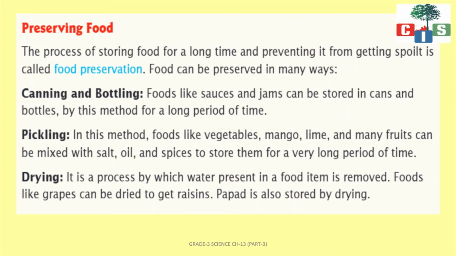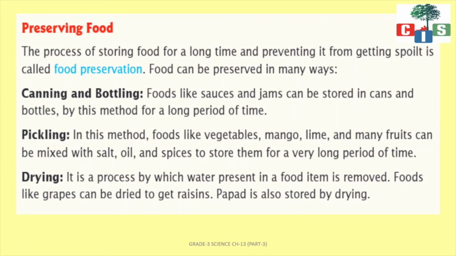Yes, we have seen that our sauce and jam come in bottles and cans. So this is one way to preserve them for a long time. Then pickling. Yes, our mother makes different types of pickles, pickle of mango, lime and some fruits also. So what do they add? They add salt, oil and spices. This method is known as pickling.